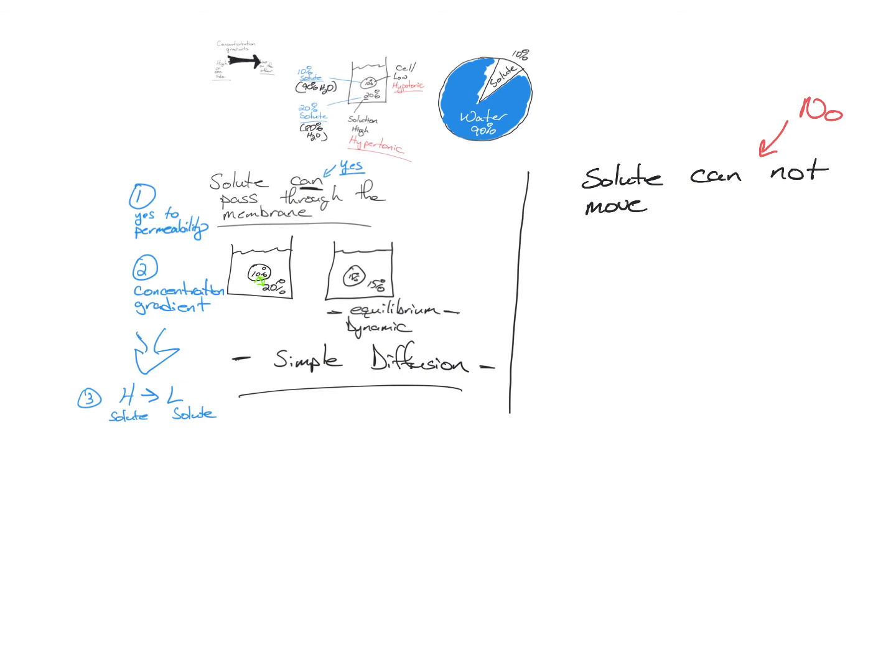It can't move across the membrane. So it's not permeable, right? Then you have the same problem. If I give you the same, and this is where it gets tricky, right? And this side's 20.